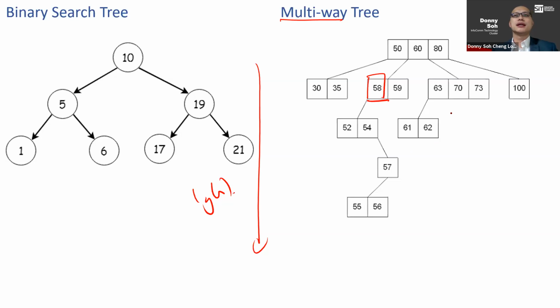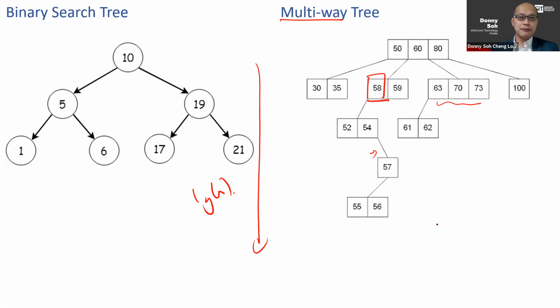Things that are smaller than the node get thrown to the left. Things that are larger get thrown to the right. And there will be cases whereby I have multiple values in a single node, and this in a way improves the way the records are accessed.